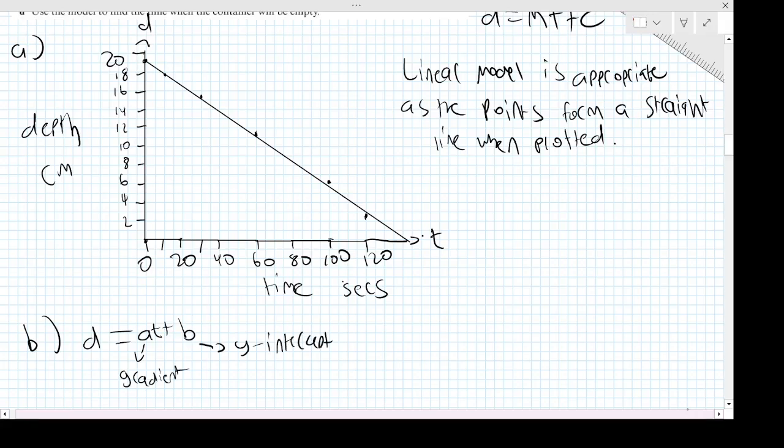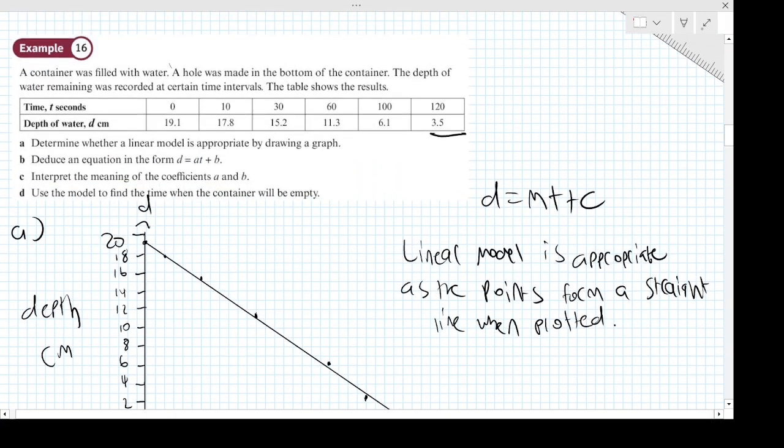Okay, well then, A, the gradient. What's the gradient? Well, that's change in y over change in x of 2 points. So we can take any 2 points on the line. Let's take these two, okay? But we don't actually have to read off the graph because we've got the points up here in this nice table. Let's take any 2 points on the table then.